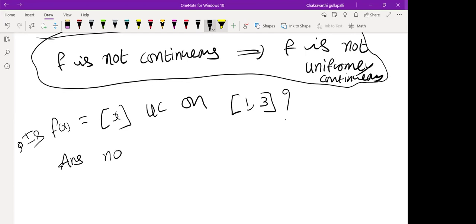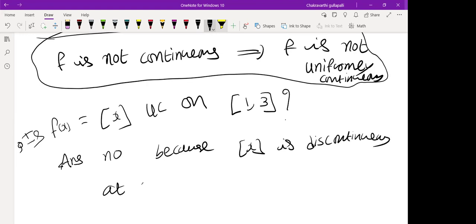Why? Because box x is discontinuous at every integer, at every x belonging to the set of integers. In this interval, what are the integers? 1, 3. And 2 also.